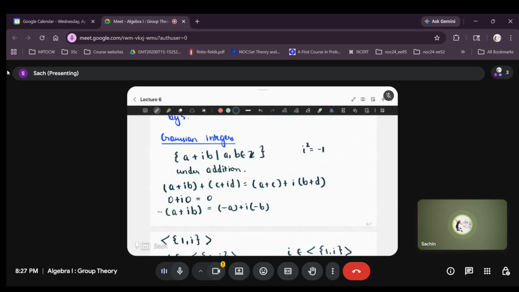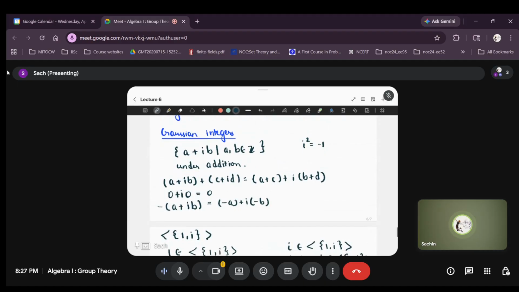So it must also contain the sum of multiples of 1 and the sum of multiples of i. So it must contain the set of Gaussian integers. So if there is some other subgroup of complex numbers that contains 1 and i, it must also contain the entire set of Gaussian integers.